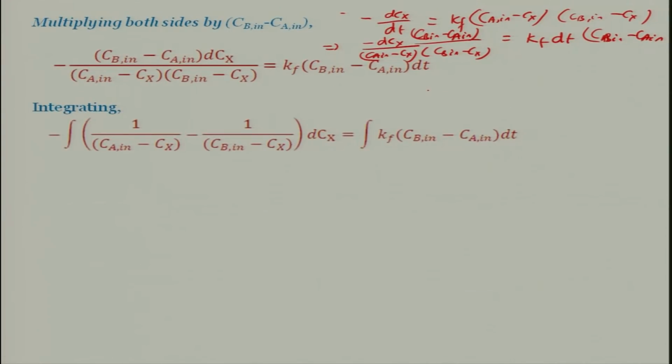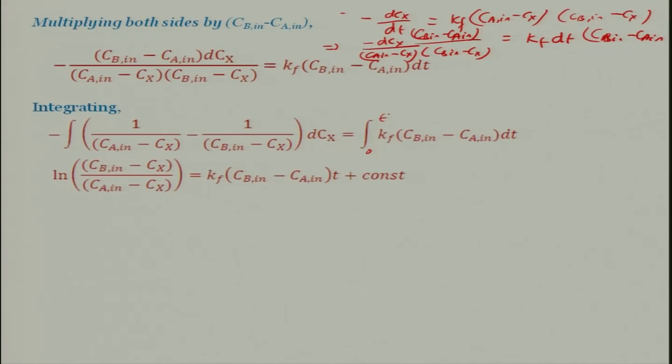If I integrate this thing, this is basically from 0 to t. Now, the initial condition: at t equal to 0, what will be Cx? Cx will be 0, isn't it, because there is no change in the concentration.